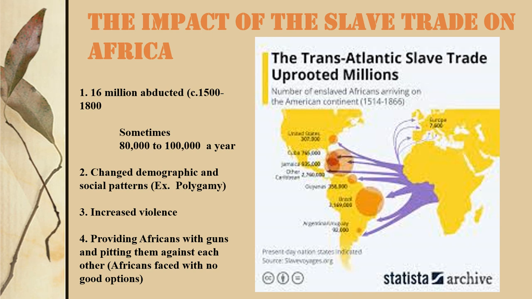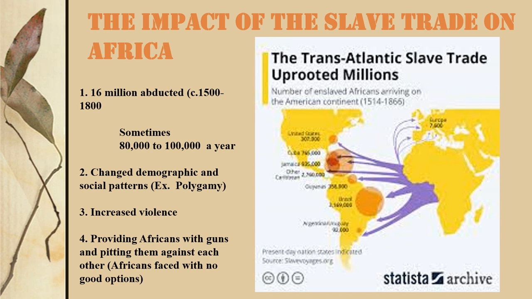As far as the impact of the slave trade long term on Africa is concerned, about, and this is an estimate, about 16 million were abducted from Africa between 1500 and 1800. This is in the transatlantic slave trade. We'll talk about the Muslim slave trade in a while here too.